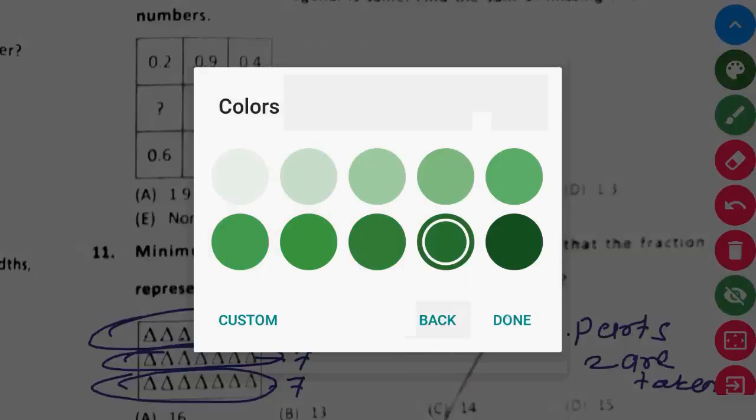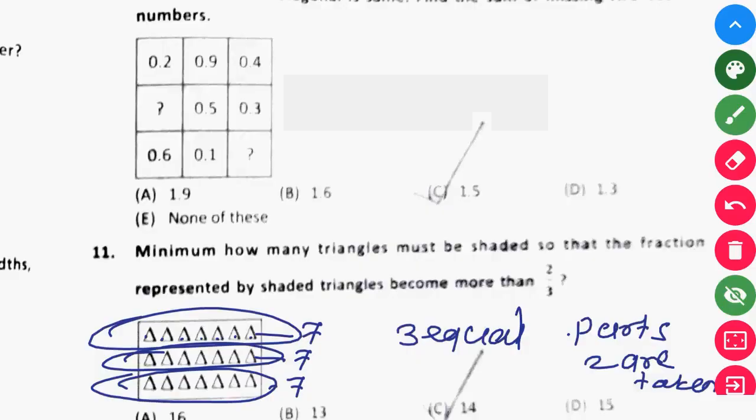Now see, 2 by 3 means these two portions out of these three portions.